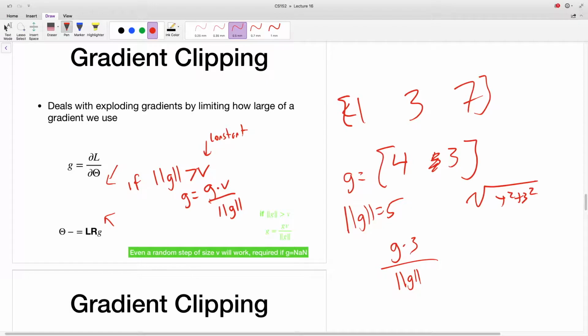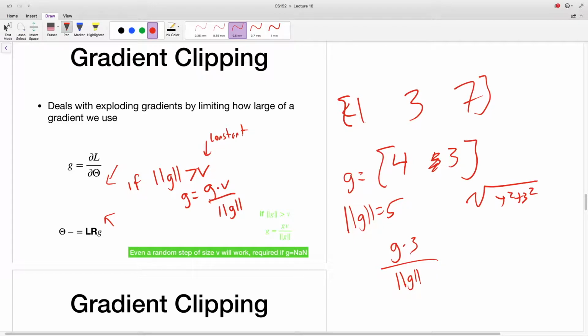Let me give you another example. You find your gradient's too big, and here's what you do. You decide the maximum gradient you want is 20. I'm going to randomly go in a direction of length 20. And the theory is you're going to get away from wherever this high gradient is to someplace more sane.